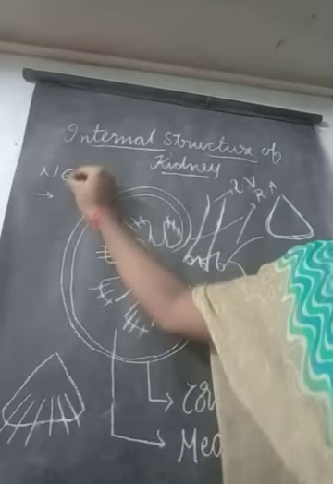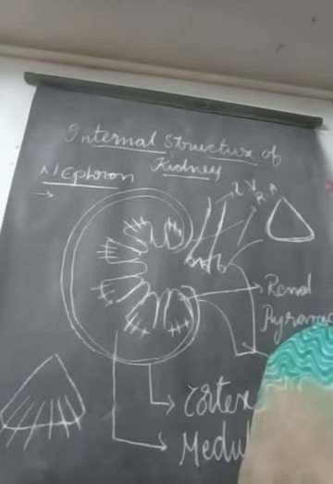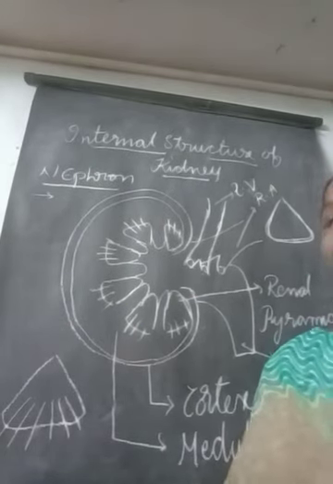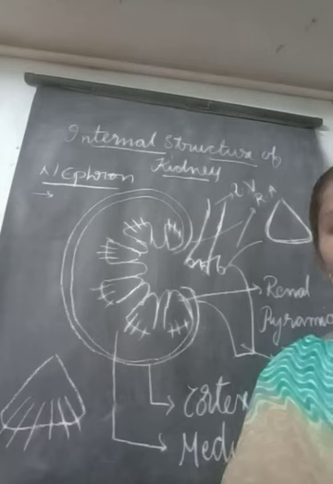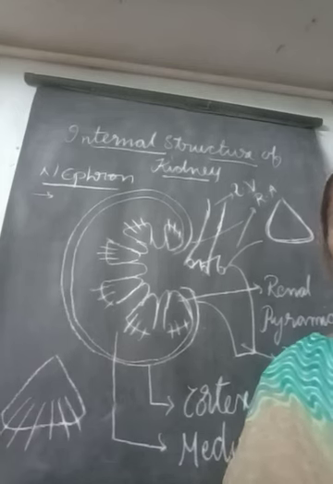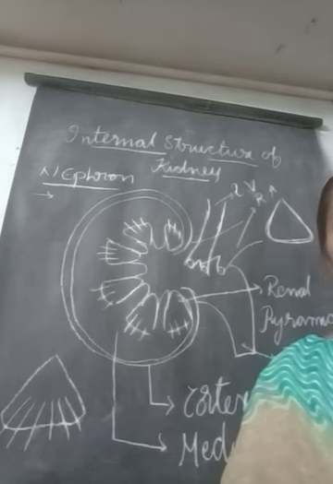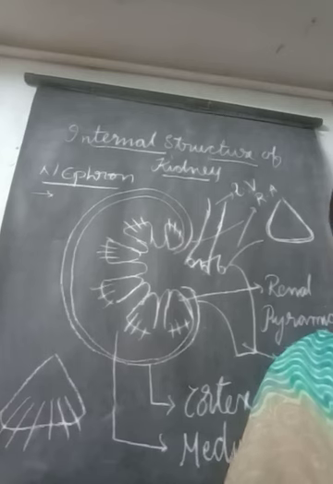What is the name of this unit? Nephron, or uriniferous tubules. That is the structural and the basic unit of kidney.